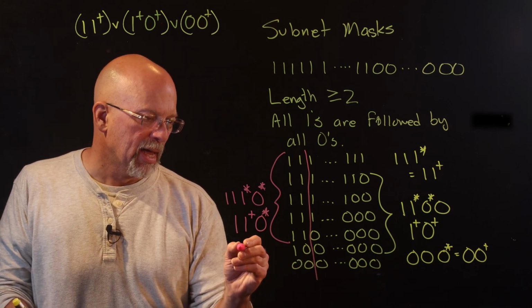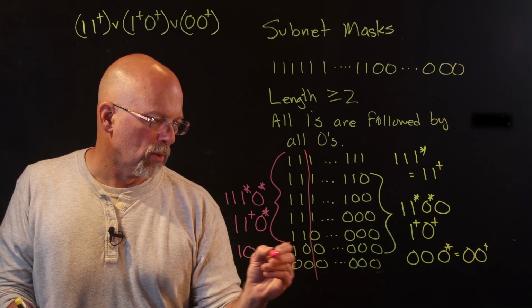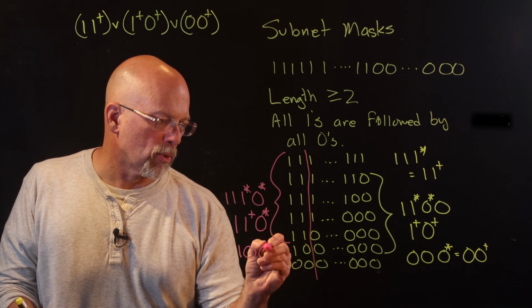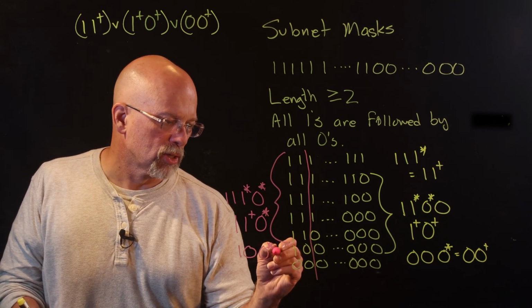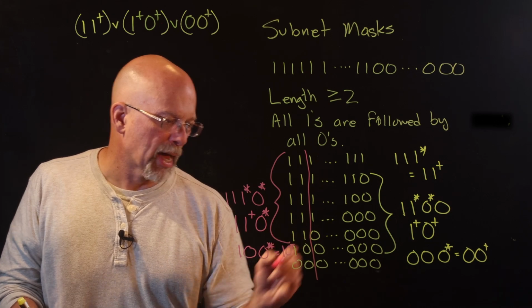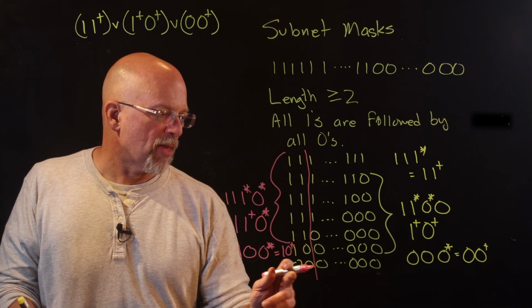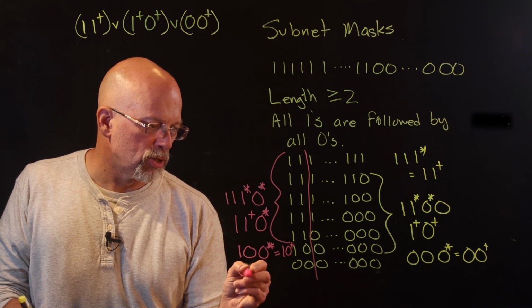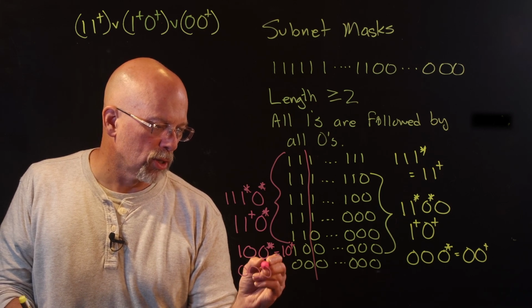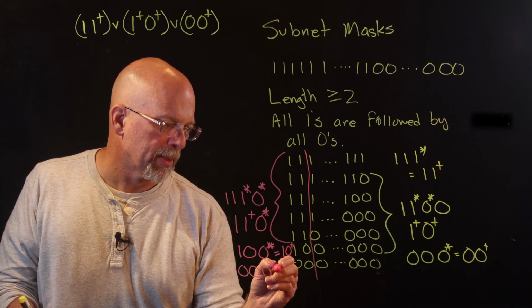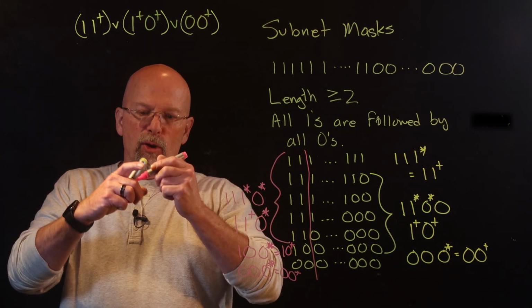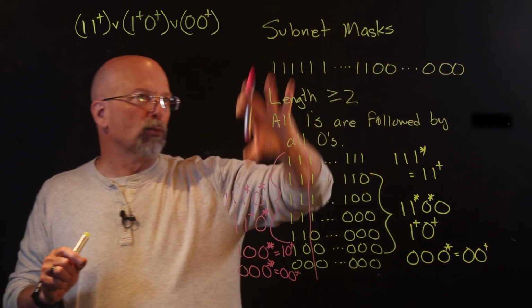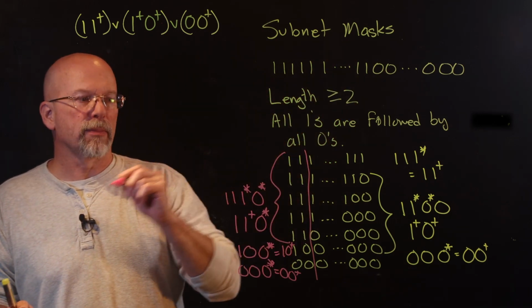All right. Now, this one right here, how do we define this? Well, this is 1 0 followed by some number of zeros, right? Which is the same thing as 1 0 dagger. And then this bottom one here is 0 0 0 star, right? Which is the same thing as 0 0 dagger. So we have another way of expressing the regular expression for this subnet mask.